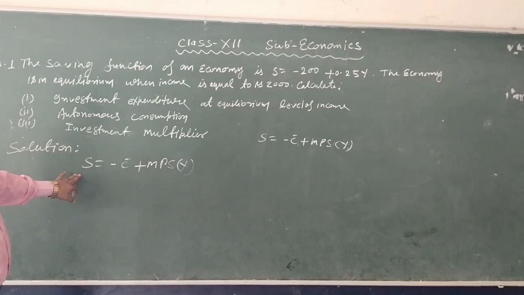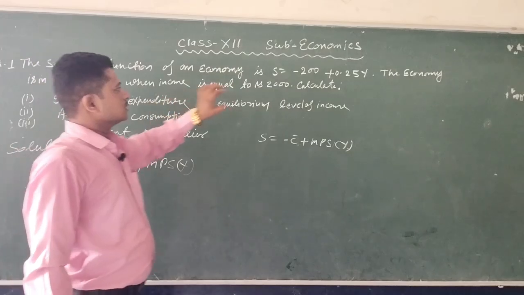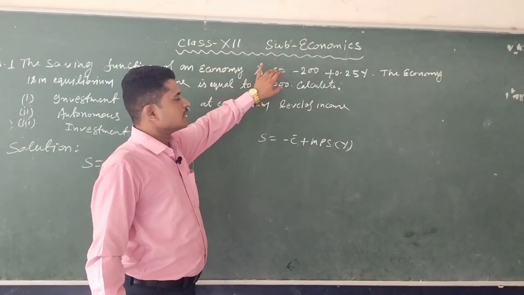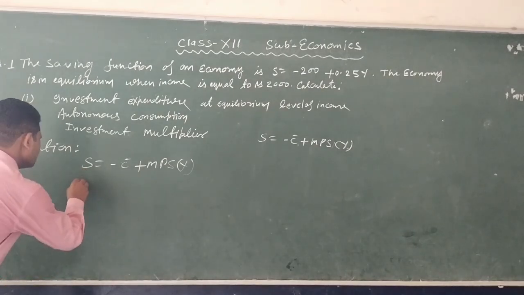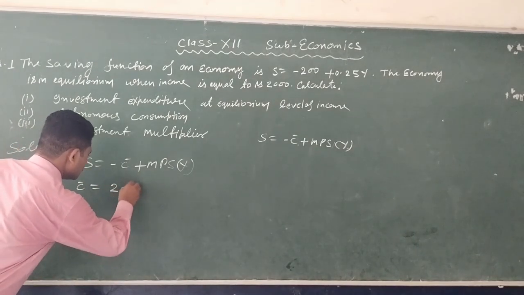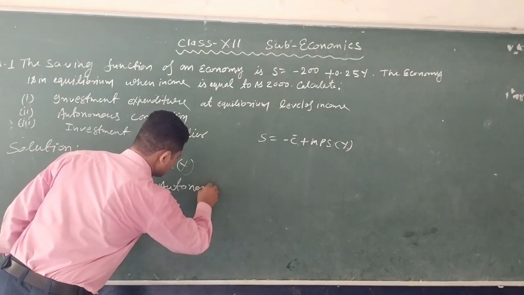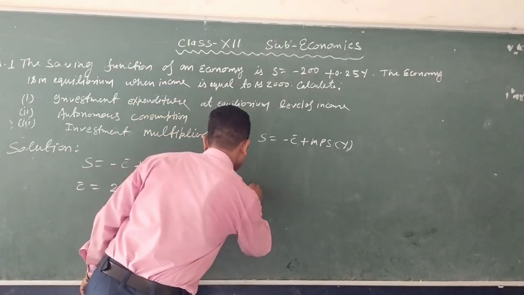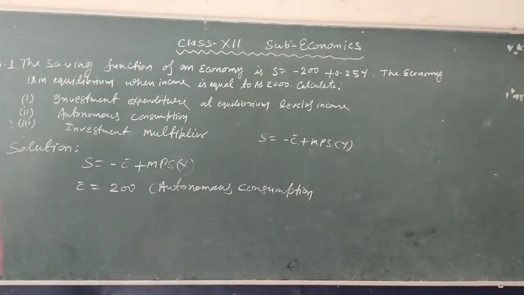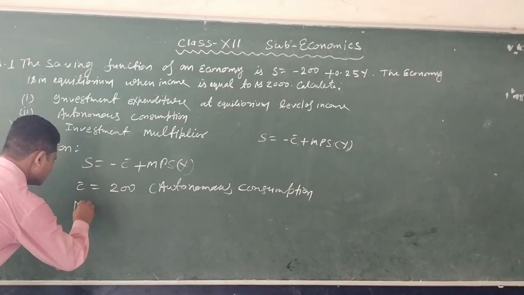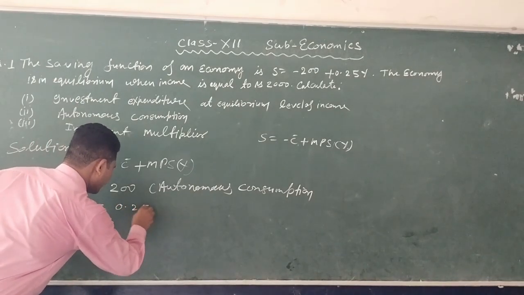In this question, we compare the saving function with this equation. So C bar is given there, 200, that is autonomous consumption, and marginal propensity to save, MPS, is given 0.25.